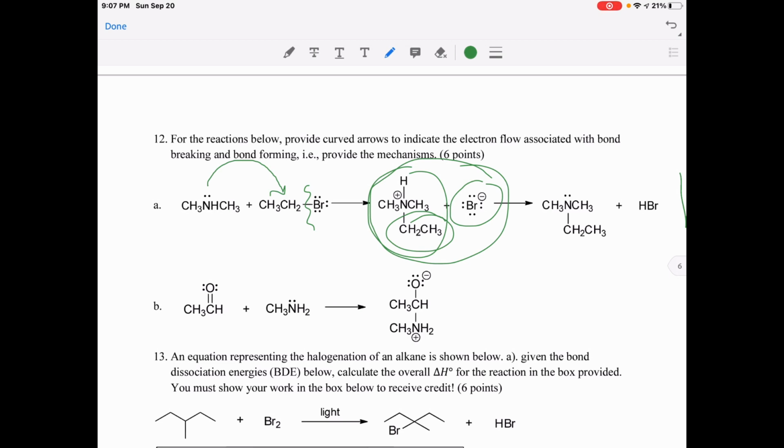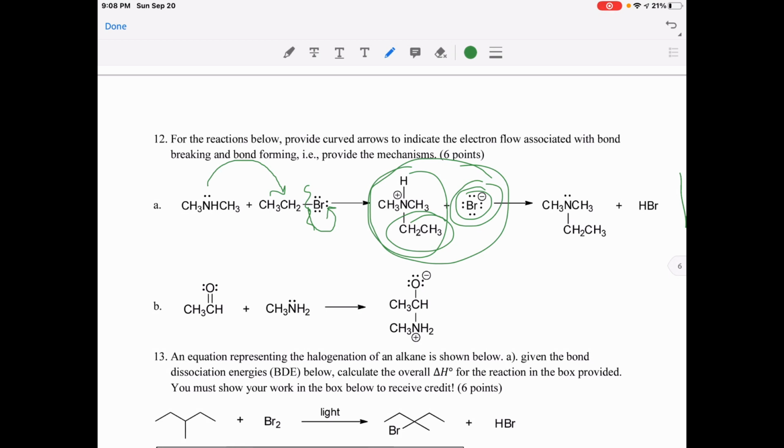And when it does that, it forms a new bond, right? But when you make a new bond, you have to break a bond at the same time. And that's precisely what happens. This bond between the ethyl group and the bromine for the second reagent is broken, and the electrons flow from that bond to the bromine. And that explains why we have 4 lone pairs on the bromine. So that is the first set of electron pair movements. Those arrows that you see are the first set of answers to that.